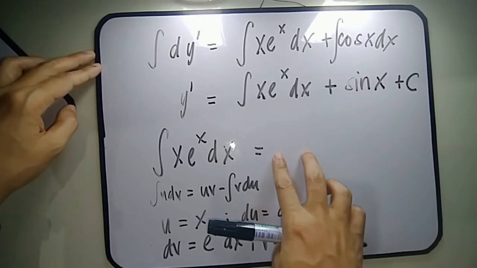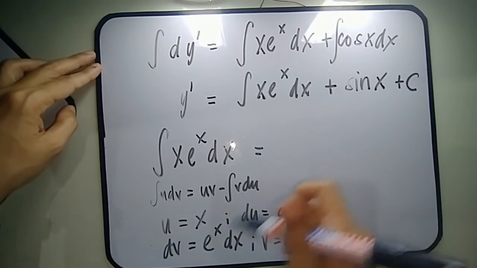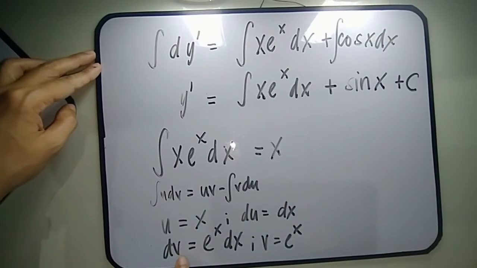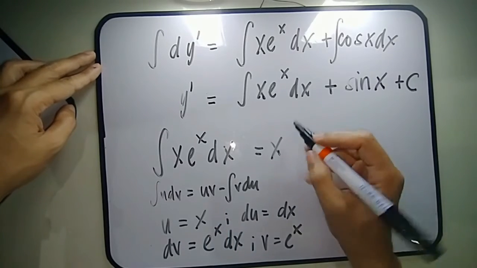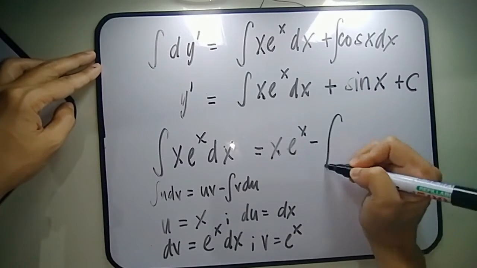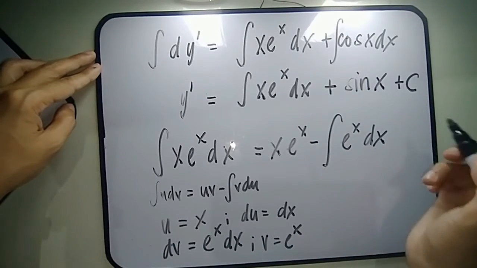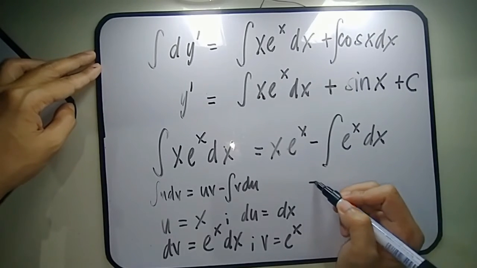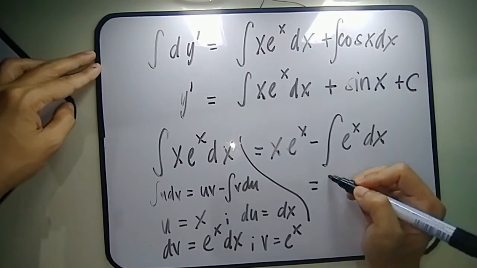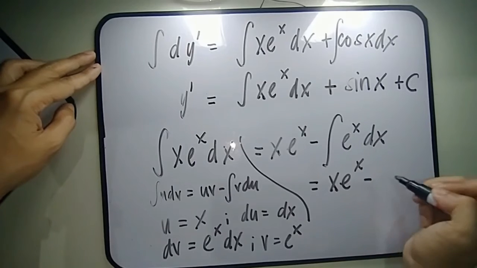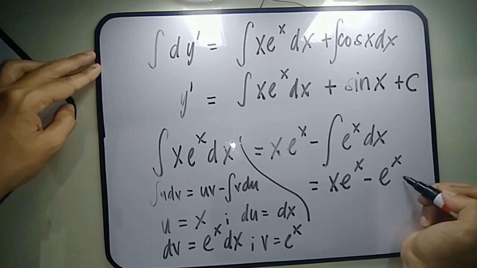So here we have uv, where u is x and v is e raised to x, minus the integral of v du, that is e raised to x, du is dx, and we can integrate this. So we have x e raised to x minus e raised to x plus c.